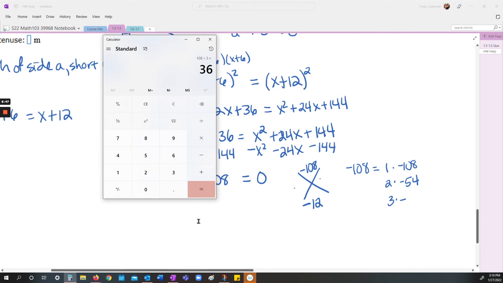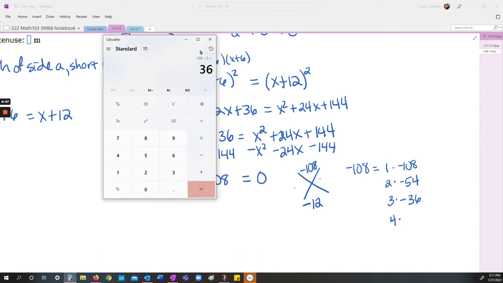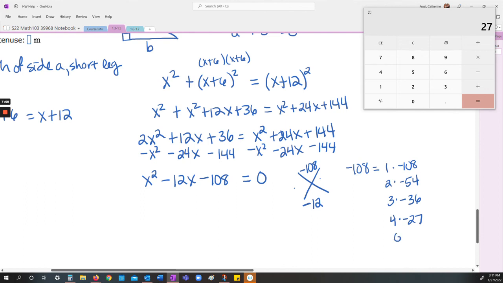Oh, man, I'm dumb. Well, I shouldn't say that. I'm not dumb. I made a mistake. Okay, still not there. So 4 times, so let's see what's 108 divided by 4, 27. So negative 27. 5 doesn't go into 108, but I believe 6 does.